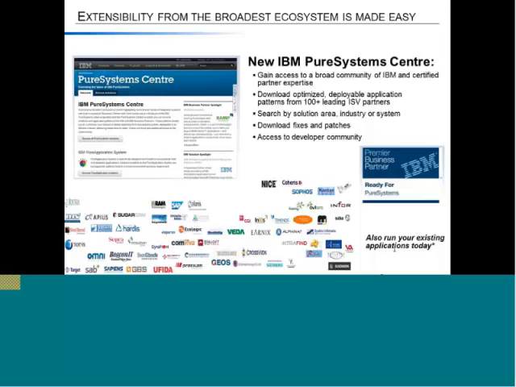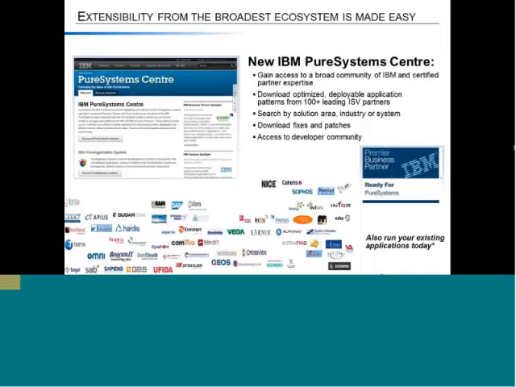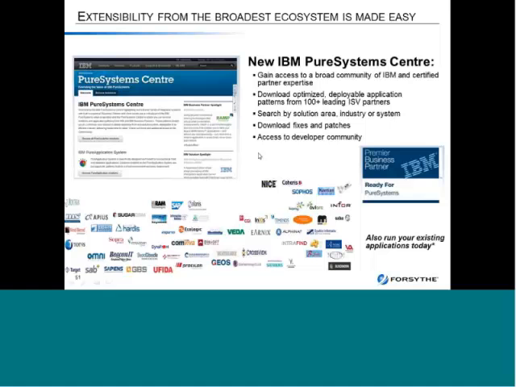Some of these can be purchased with the Pure Application System, such as IBM WebSphere and IBM DB2, and those applications will come pre-optimized and pre-deployed on the system. So just like the PureFlex infrastructure system, the application system can be plugged in, hooked up to your existing network, and you're ready to roll.